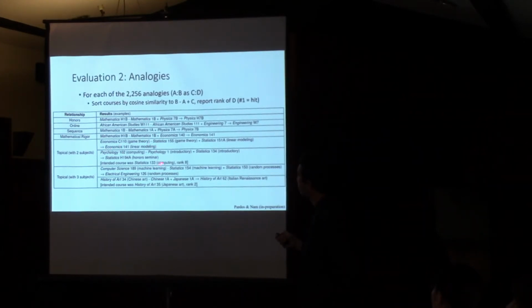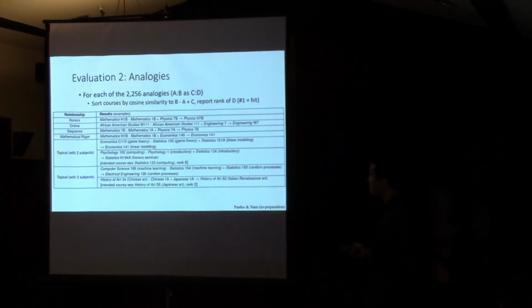It doesn't always work though. Psychology's introductory course is to psychology's computing course, as statistics' introductory course is to, and we wanted Statistics 133 computing, but it gave us an honors seminar. The computing course was rank 8.